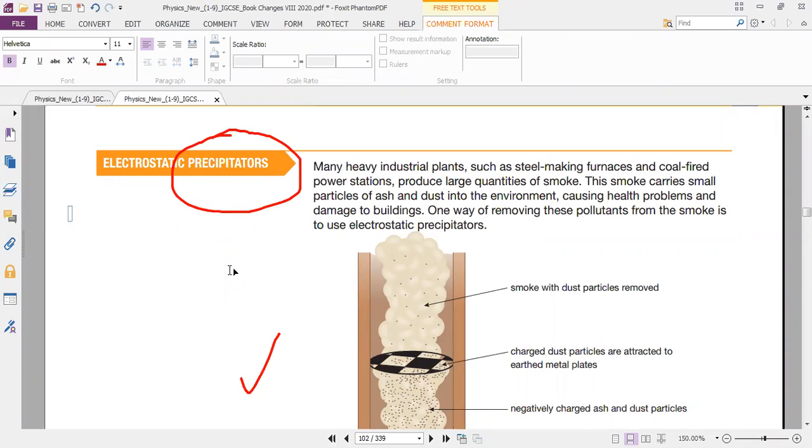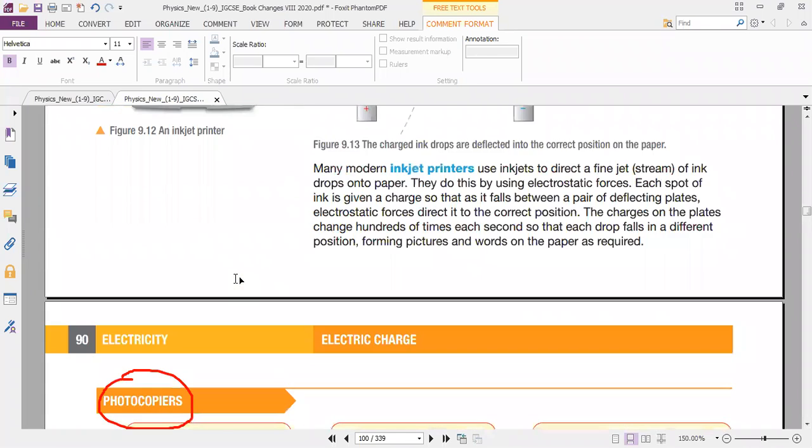Different applications of static electricity are as below. Number one, the metal frame of a bicycle. First is bicycle painting, the metal frame.